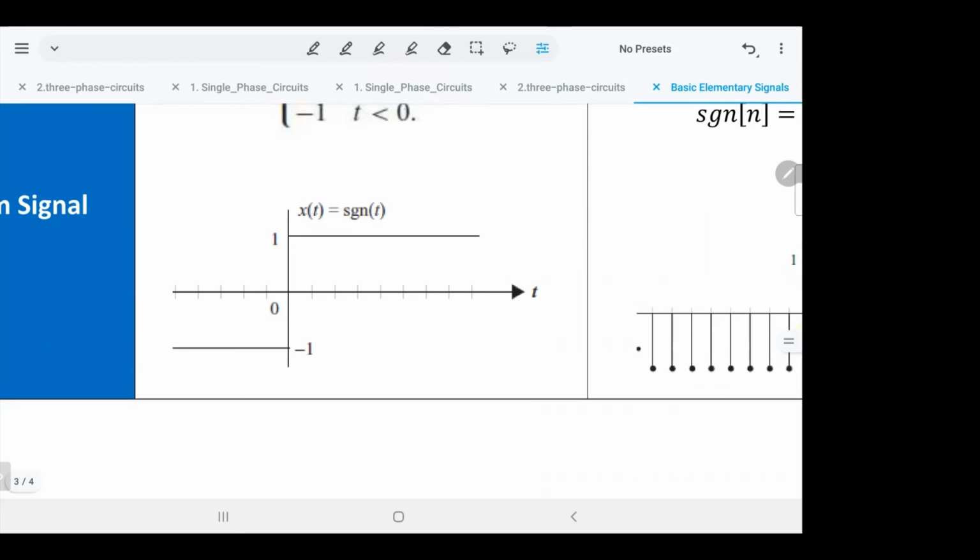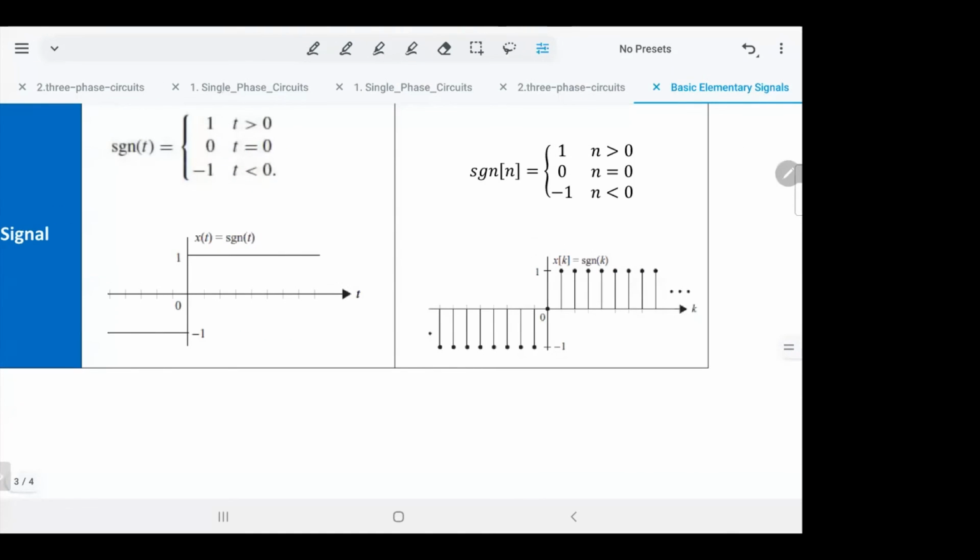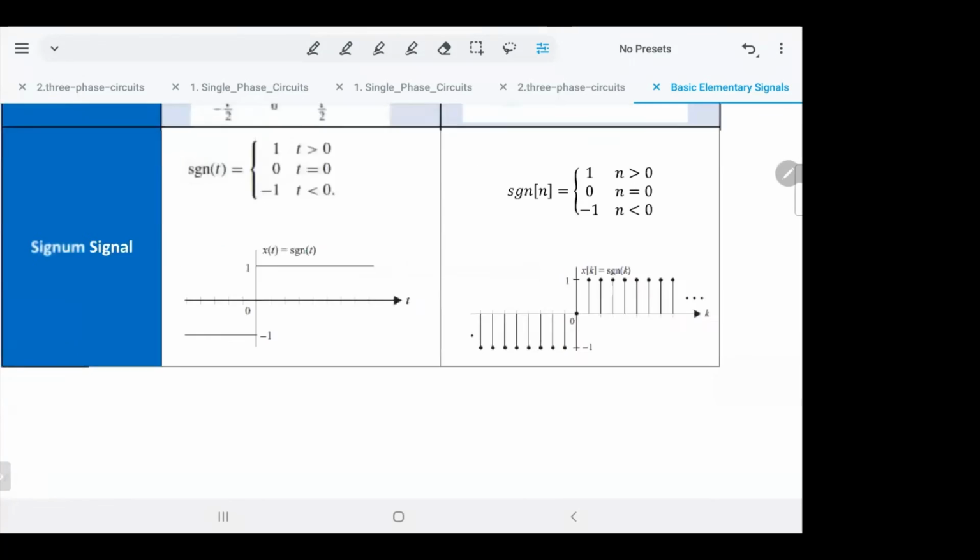So if you take the average, we'll say 1 plus negative 1 over 2, which equals 0, which is good for the sign. It depends on the way the mathematician expresses it. Now let's look at the discrete case. You will have 1 when k is positive, negative 1 when k is negative, and 0 when k is equal to 0. So that's the sign signal.